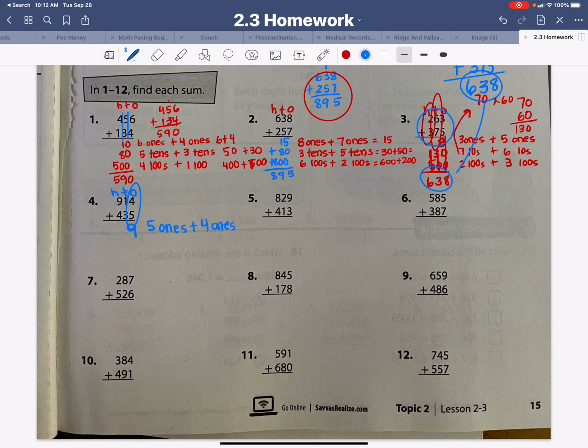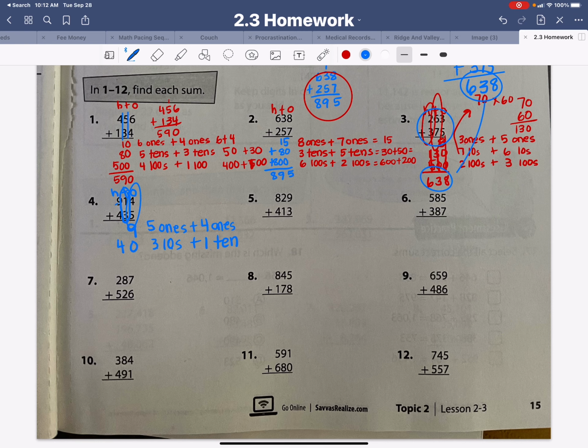And now we look at our tens place. 3 tens plus 1 ten. So 3 times 10 is 30. 1 times 10 is 10. 30 plus 10 is 40. So 40. And now I'll look at my hundreds place.